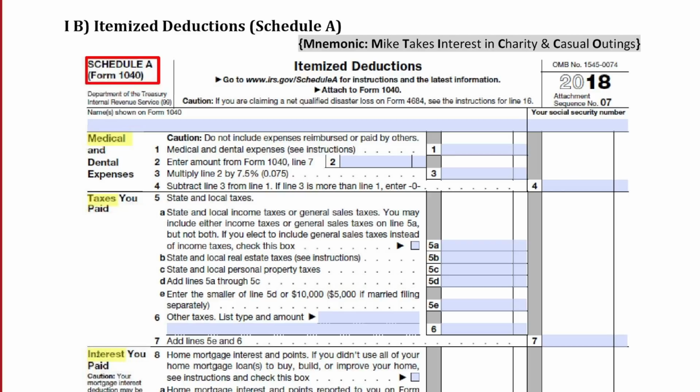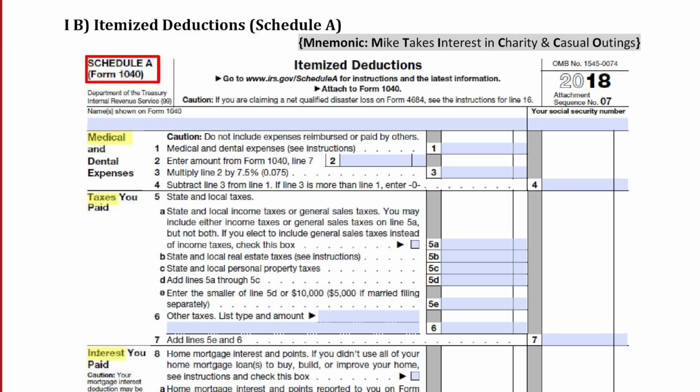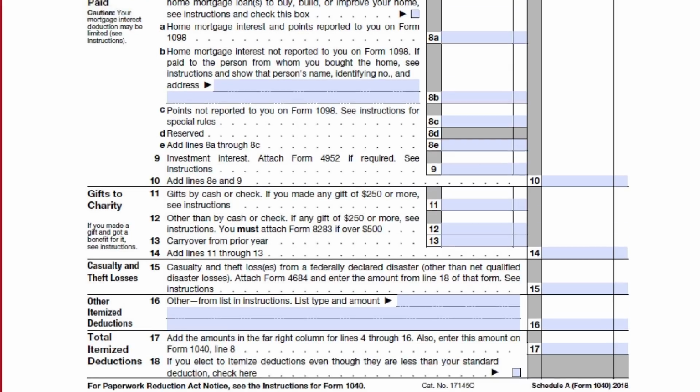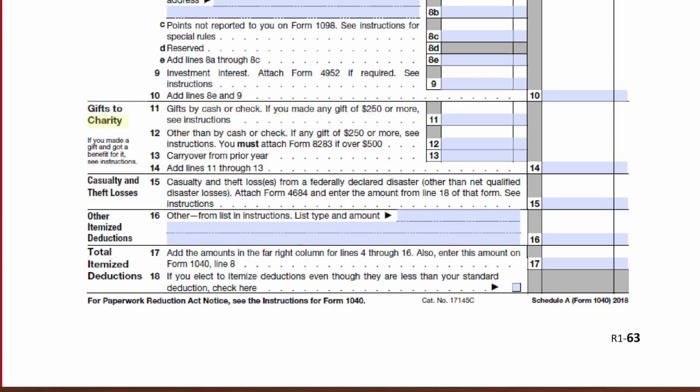Highlight that. So this is interest on the home mortgage loan of the taxpayer, and this is investment interest expense. Next, scroll down. Highlight charity. So this is the deduction for charitable contributions by the taxpayer. Highlight casualty and theft losses. So this is the deduction for casualty and theft losses incurred by the taxpayer. And the last one is other itemized deductions.